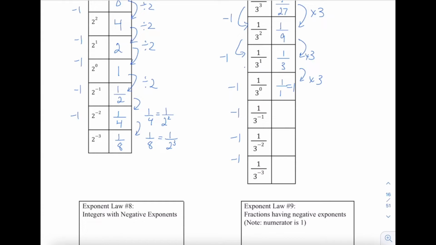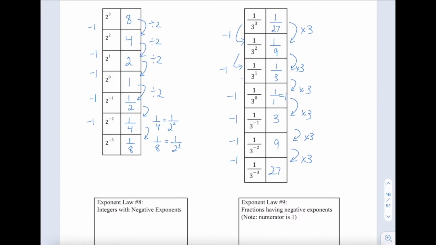So that's weird. What happens when I have a negative exponent in the denominator? Well, I have to follow the pattern. So 1 times 3 will be 3. 3 times 3 is 9. And 9 times 3 is 27.